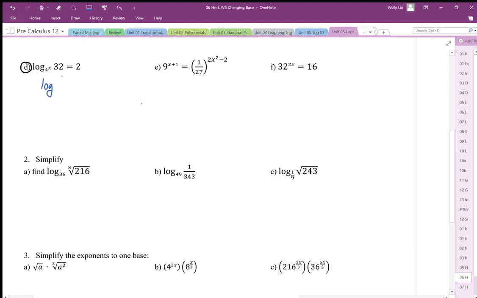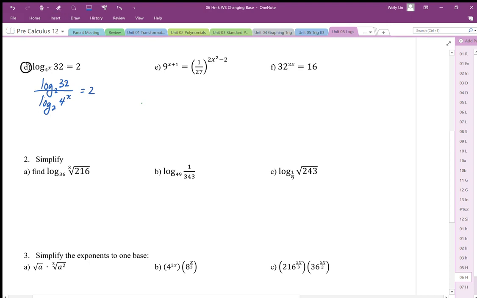And by doing this, I'm going to actually use base 2, because base 2 is going to be a nice base for this problem. It's going to look like this. So I've used the change of base formula. I use base 2 because the base 4 and the 32 are related to a base 2.